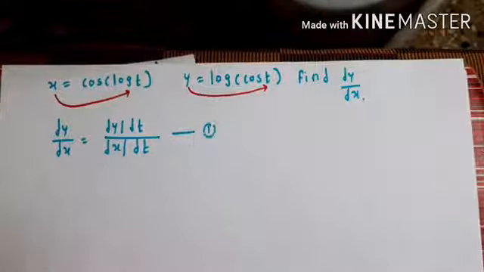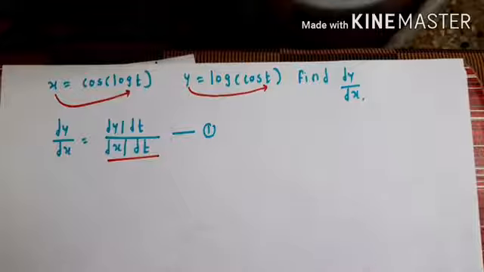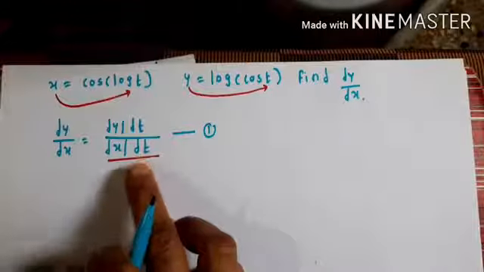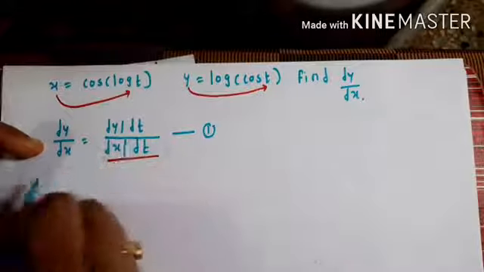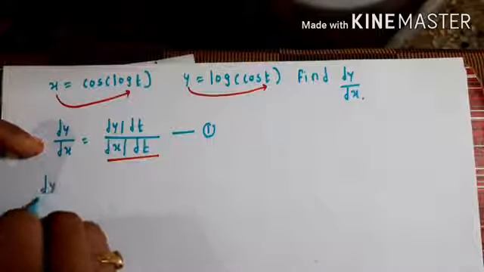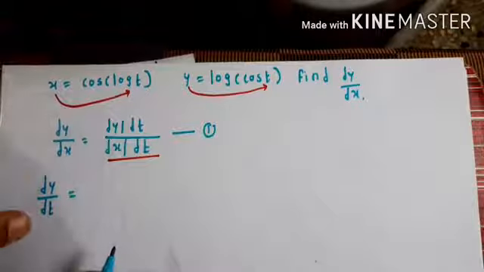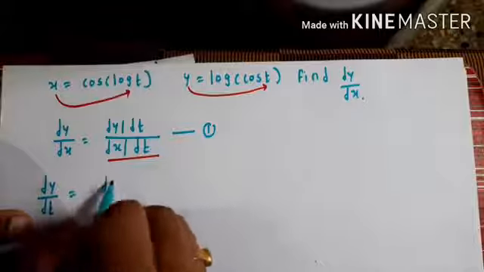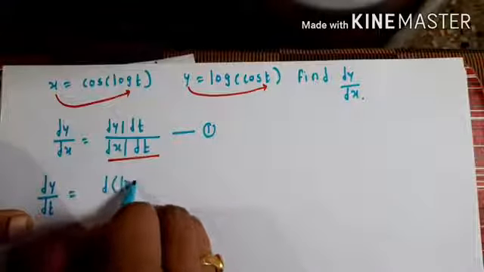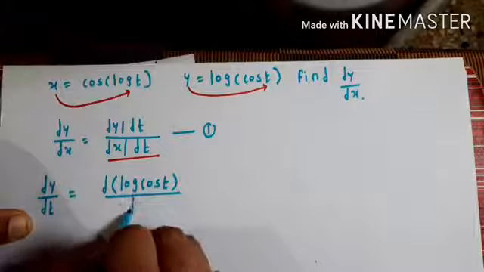So first find dy by dt, then find dx by dt, put the values in 1, and we will get dy by dx. First, dy by dt means differentiation of y with respect to t. What is y? y is log of cos of t.